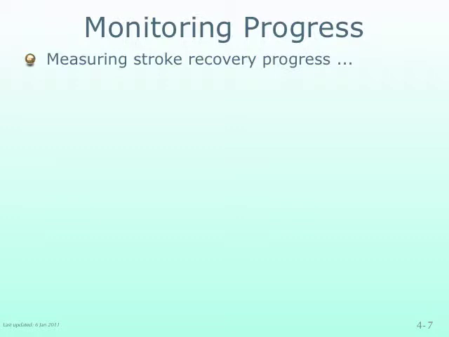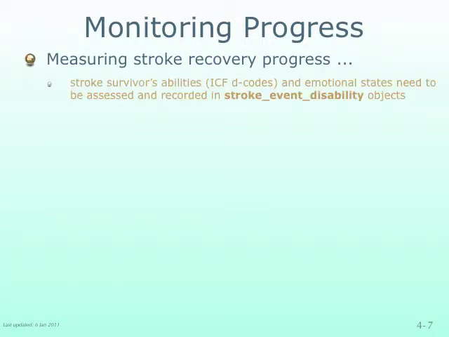The stroke survivor's recovery progress can be recorded and monitored by ensuring that a stroke survivor's abilities, as represented by their ICF-D codes, and emotional states are fully assessed and recorded in the relevant stroke event disability objects, both prior to discharge from either their acute care or subacute care hospital and at appropriate intervals following discharge into the community until the survivor's quality of life has reached a satisfactory level.